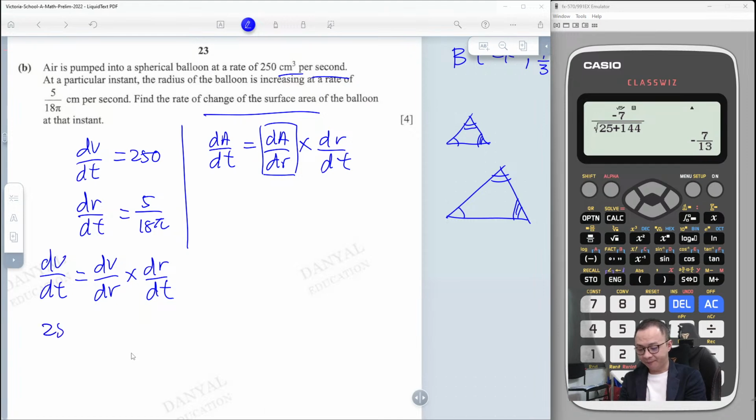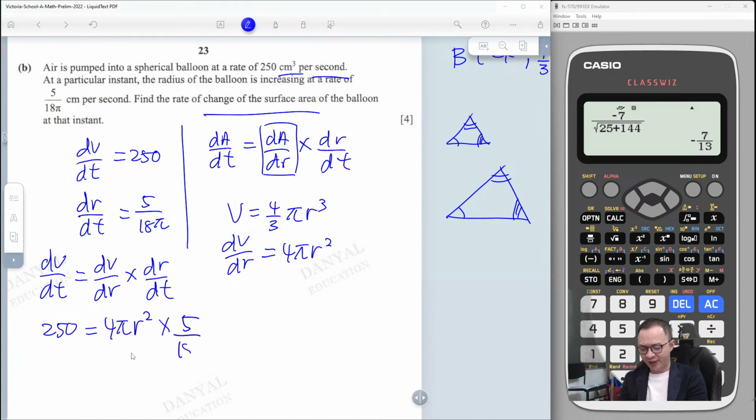Yes, correct. The volume equation is 4 over 3 pi r cubed, isn't it? So dV/dr should equal 4 pi r squared. And we don't have the r value. Maybe we need to find it. Multiply this one, 5 over 18 pi. Okay, pi and pi we simplify.